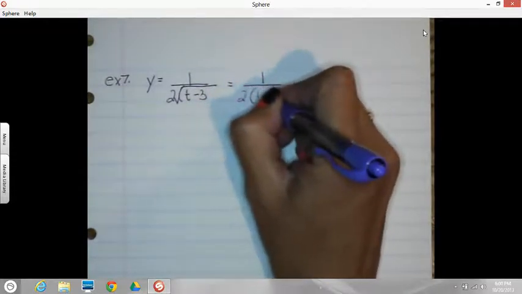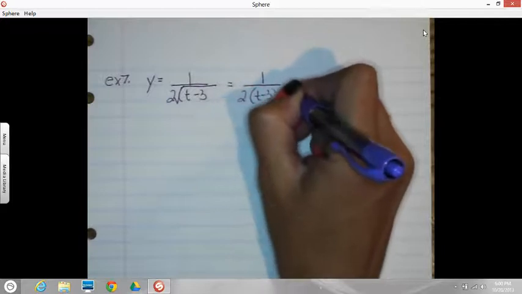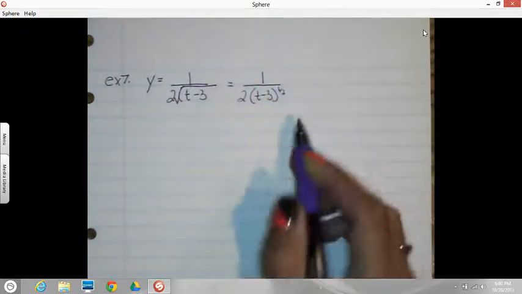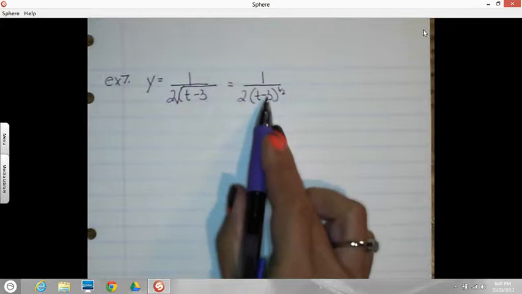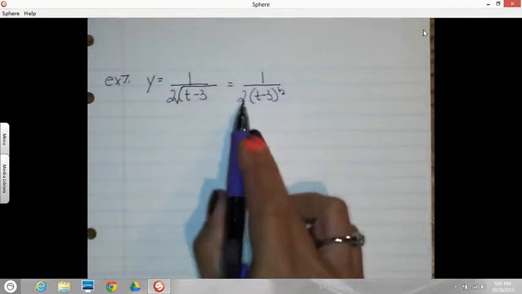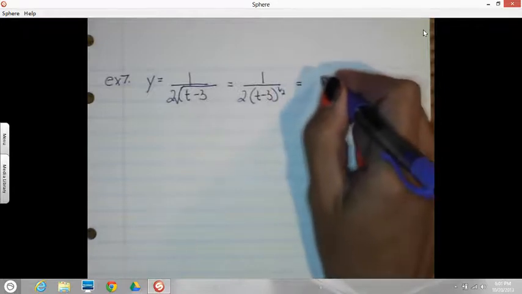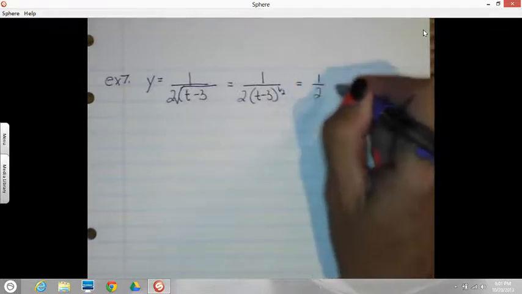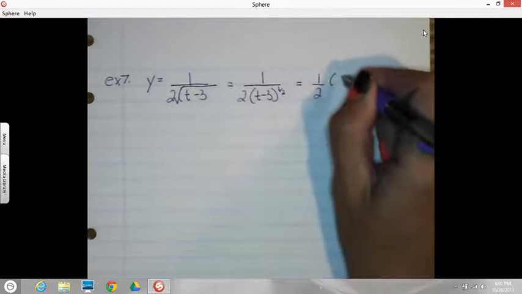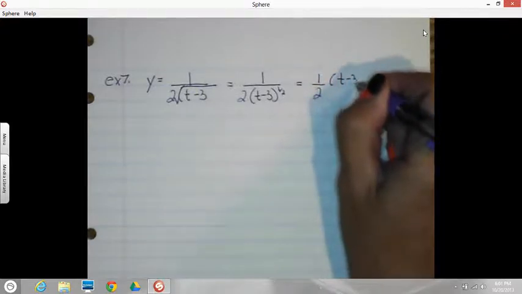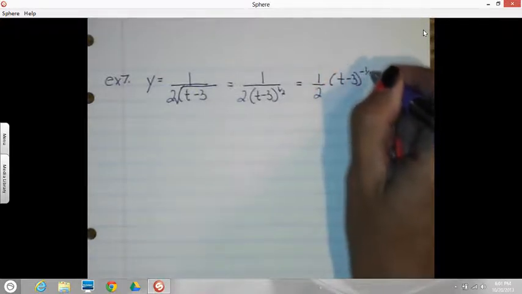So the t minus 3 is to the 1/2 power. The problem with this is that t in the bottom, I can slide that to the top. The 2 is just going to stay down. So what I'm actually going to have is a 1/2 times this quantity t minus 3 to the negative 1/2 power. So I've left the 2 in the bottom.